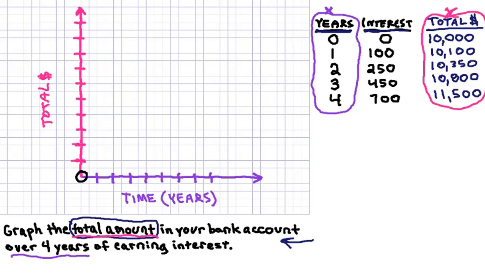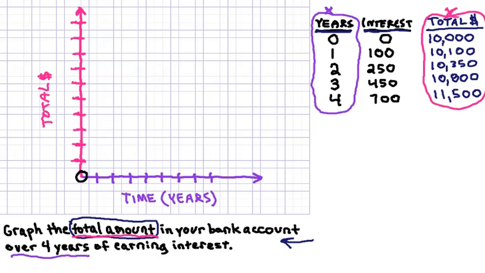But we don't have room to even make these $100 anymore, because if we did 100, 200, 300, 400, 500, 600, 700, 800, 900, 1,000, we'd only have room for $1,000. So we're going to have to do something different. We're going to have to make these a lot larger so they can all fit on there.